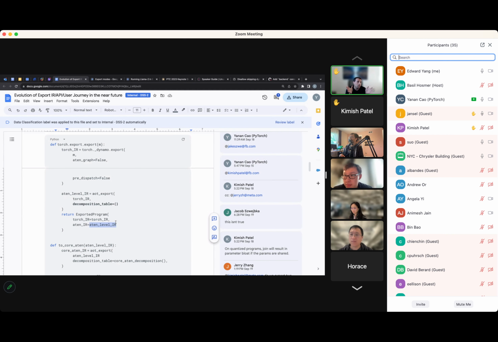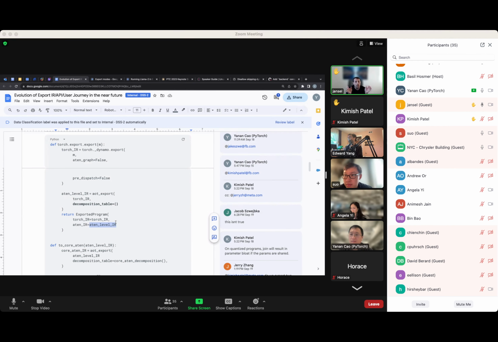Yeah, so I agree, but what I view is we have a system right now where we have dozens of IRs out there, and there are pros and cons to all those IRs, right? And I agree that standardization is good, but there are also lots of IRs that are used today.